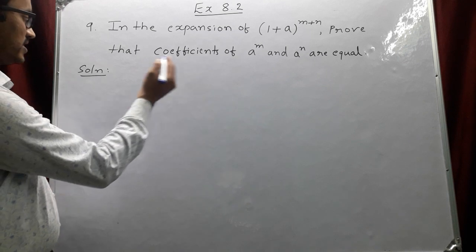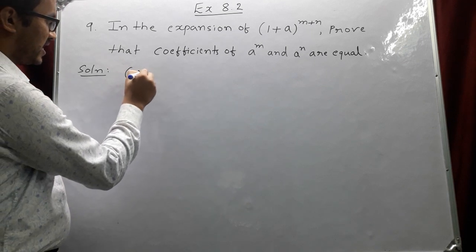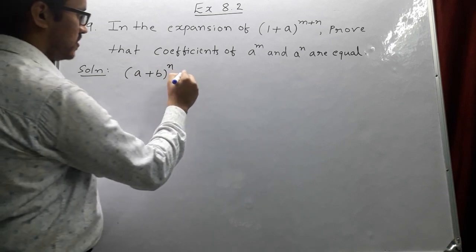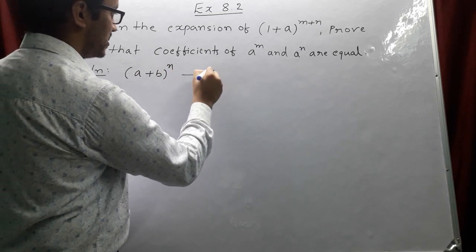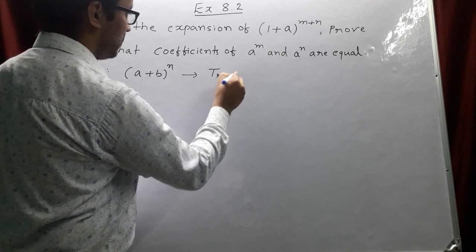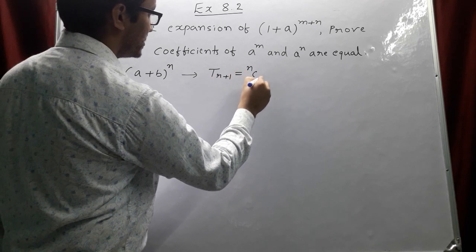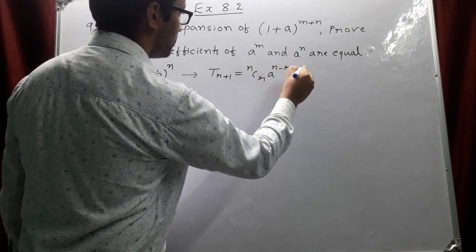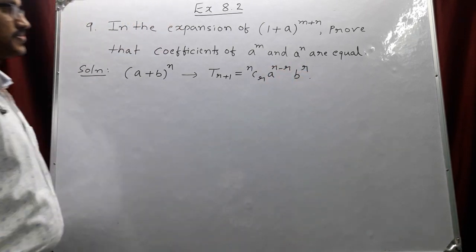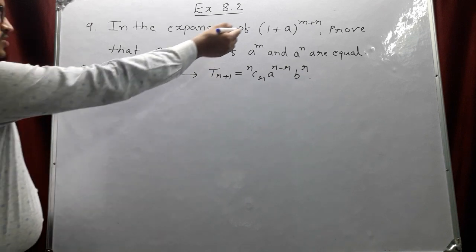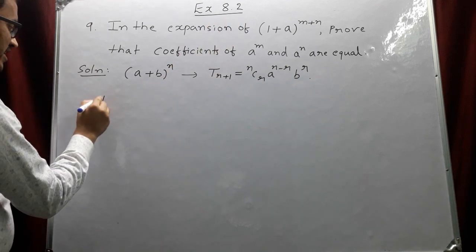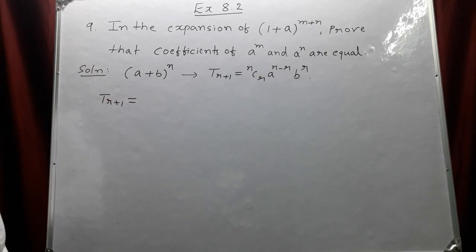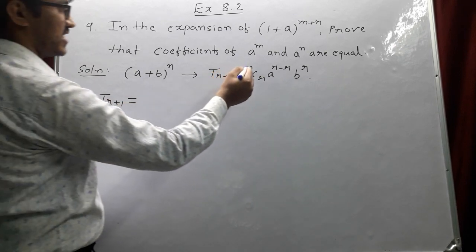So we know that the general term in the expansion (a plus b) power n is given by T(r+1) is equal to nCr a power n minus r into b power r. So here we can write the general term as T(r+1) is equal to, what is the index here?